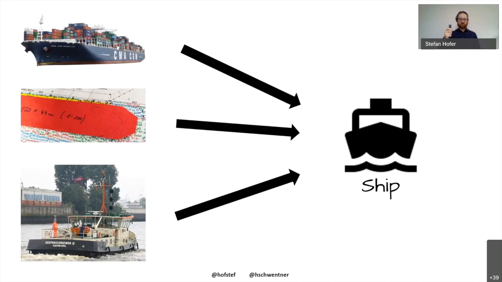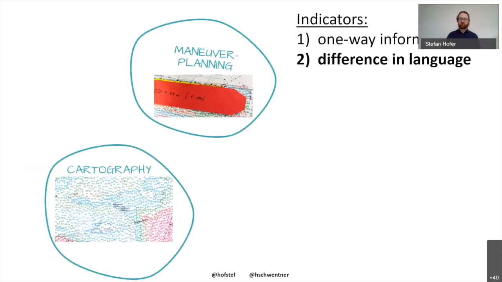Because when a cartographer says ship, they probably mean the sounding ship, and it has nothing to do with the container ship that the navigating officer talks about. So they are completely separate things. By accident, they are all ships or called ship, but they cannot be mapped to the same thing. So differences in language are also very important for finding boundaries.